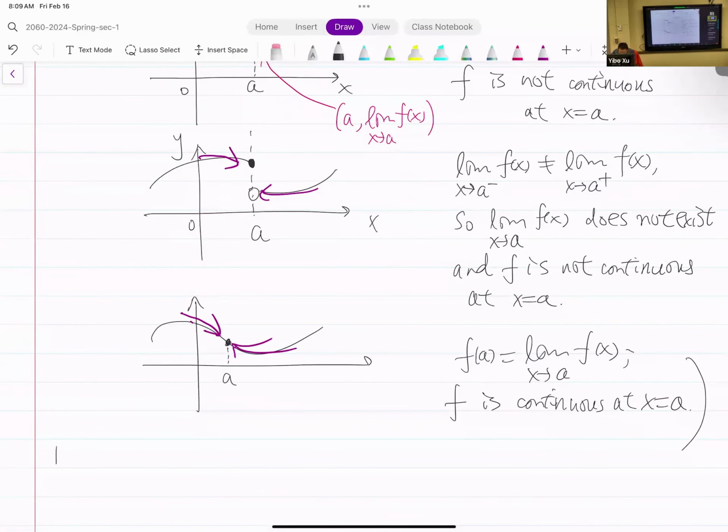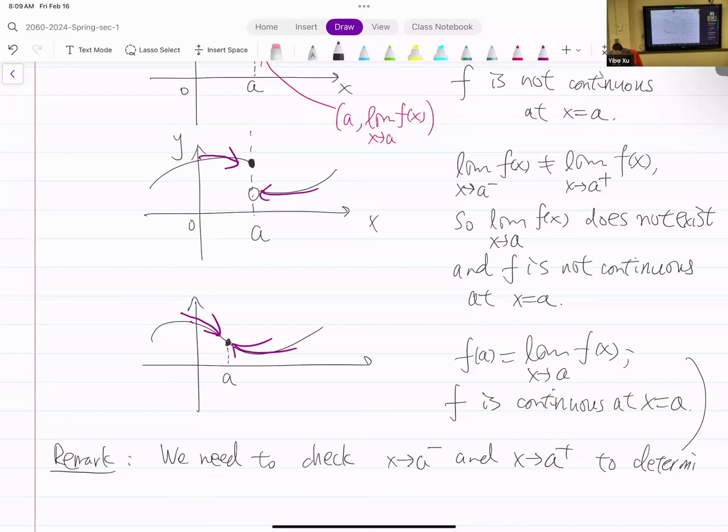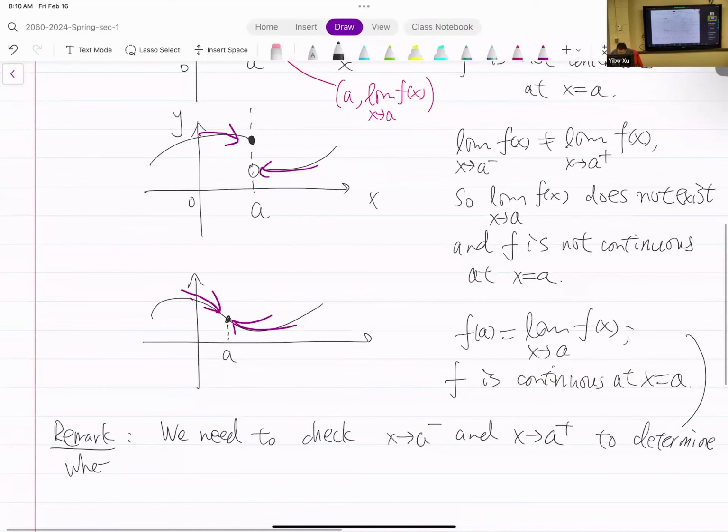So the key remark is that we need to check the left hand limits and the right hand limits to determine whether the limit of the function when x approaches A exists or not.